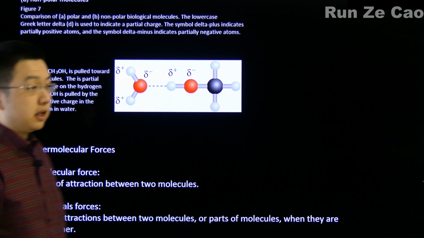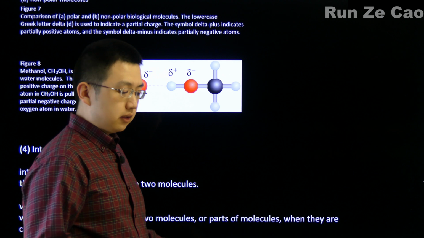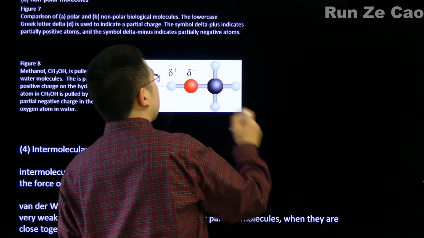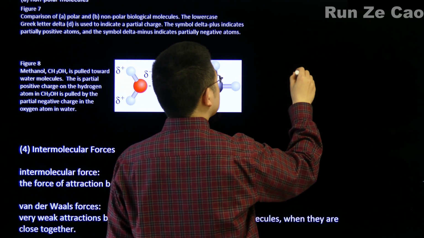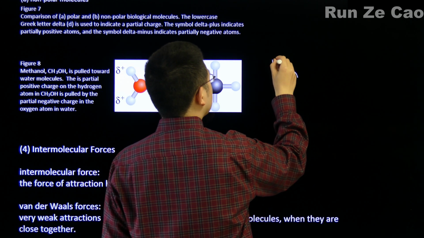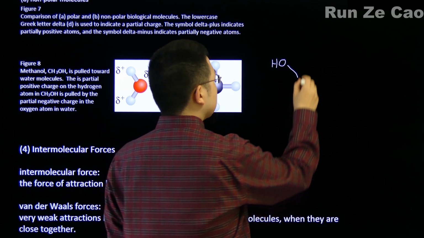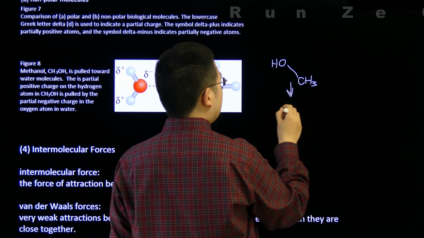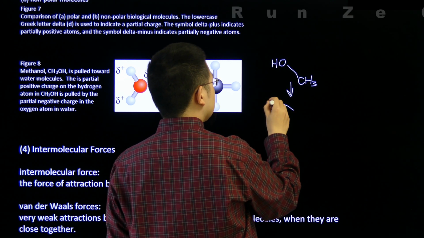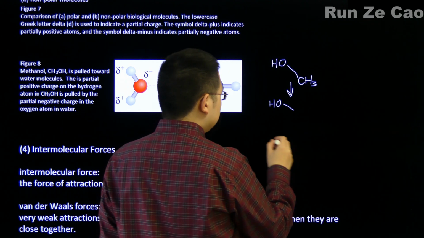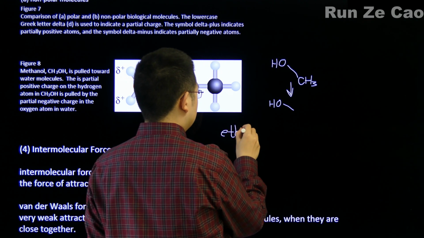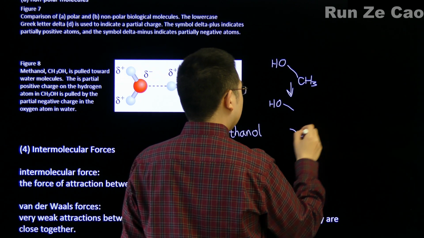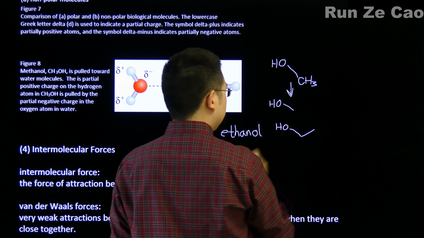Now, for propanol, technically we have isopropanol and N-propanol. So in other words, if we mark methanol as this, that implies that there's a CH3 over here, by the way. If we mark this as just this structure, ethanol, which is the alcohol that is drinkable without going blind, unlike methanol, it would be this structure.